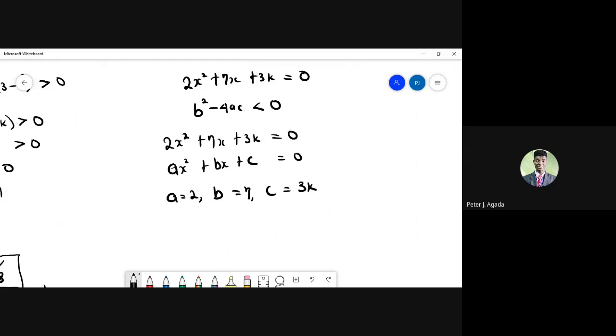So let's substitute into the condition. My b squared is 7 squared, minus 4 times a, which is 2, times c, which is 3k, should be less than 0.